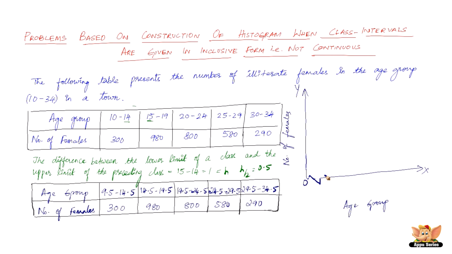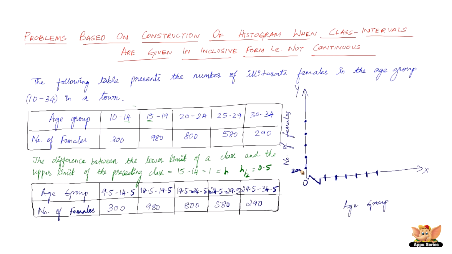So here we have 9.5 and 14.5, 19.5, 24.5, 29.5, and 34.5. The number of females, the maximum is 980, so we will have 200, 400, 600, 800, and 1000.